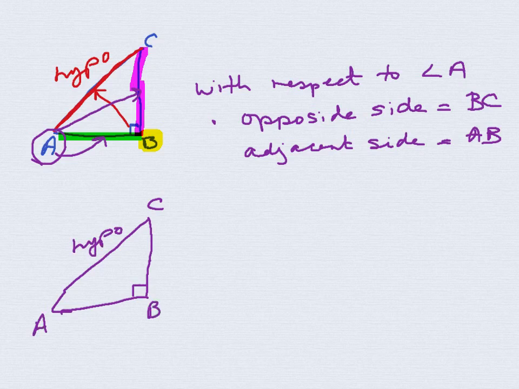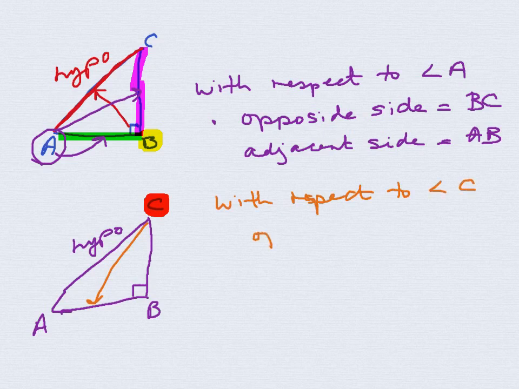So now I'm up here at angle C, and I'm looking out at my park, and I want to know which side is opposite to angle C. The side that's opposite is the one that's not touching. So now, with respect to angle C, AB is the opposite side.